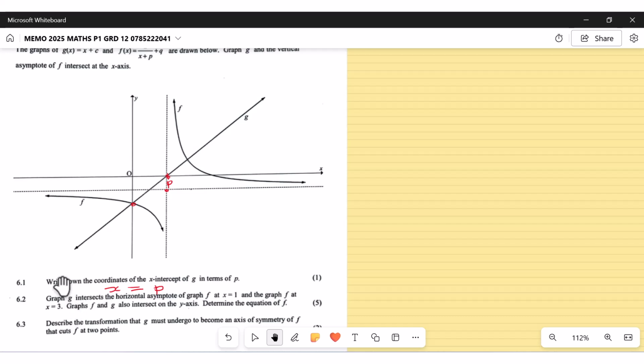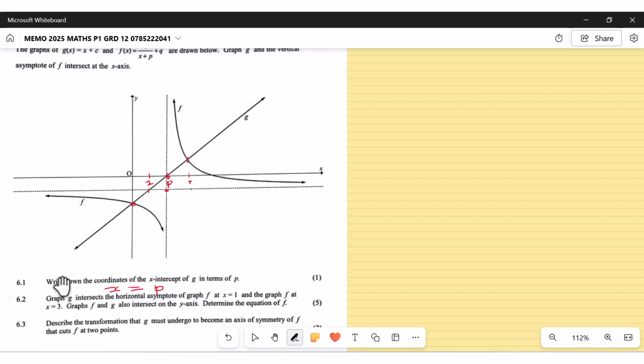And then they meet again at this point here, where x is 3. Let me zoom in for you to see properly.